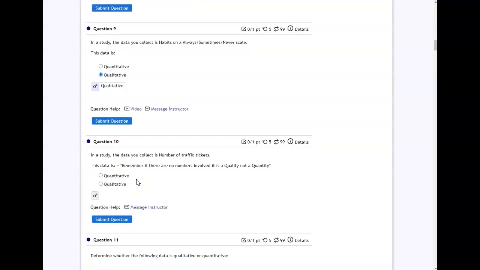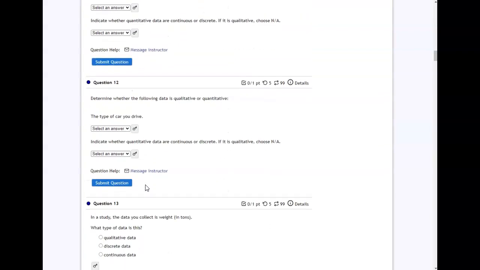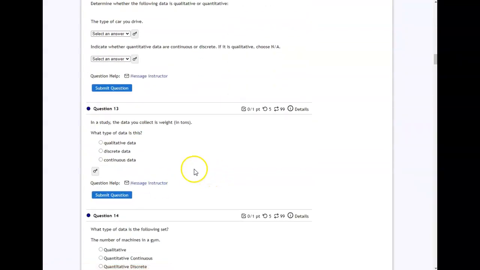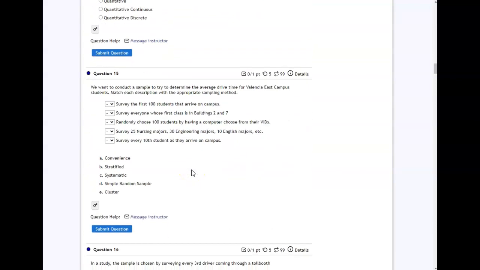So just go through these, practice. If you are getting them wrong, do the similar question. It will generate different examples until you get good at practicing them. I'm going to skip down here. Those are all covering qualitative and quantitative, whether it's continuous or discrete.